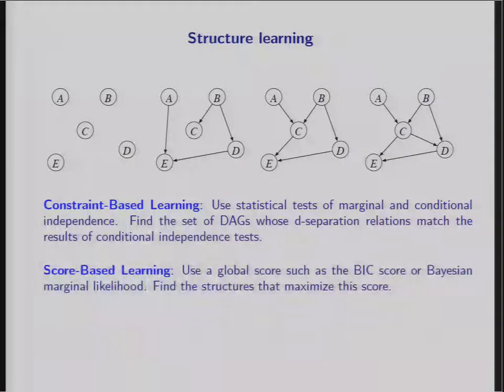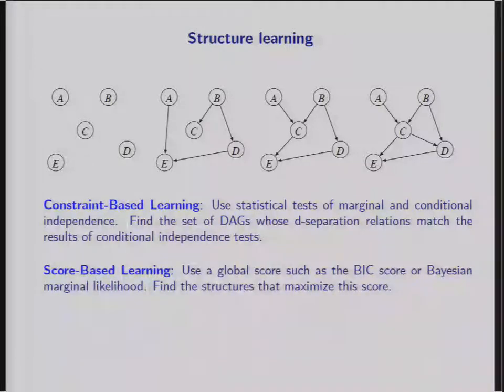In constraint-based learning, we're trying to figure out conditional independencies that hold in our data. That's the basic idea. Of course, for any finite amount of data, we don't know exactly what the conditional independence relationships should be, but we can do statistical tests for marginal and conditional independence.